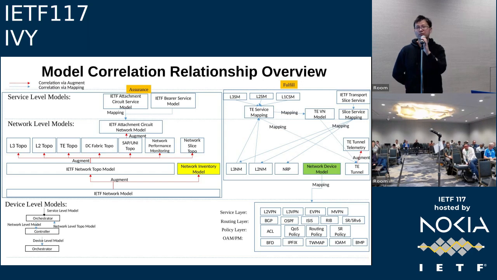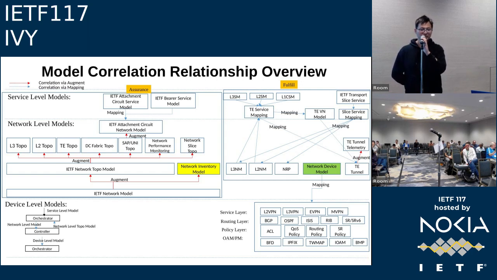All of these models can be broken down into 3 layers: service level, network level, and device level. And you can establish this correlation or model relationship using a correlation method, either based on the mapping, or based on the augmentation.